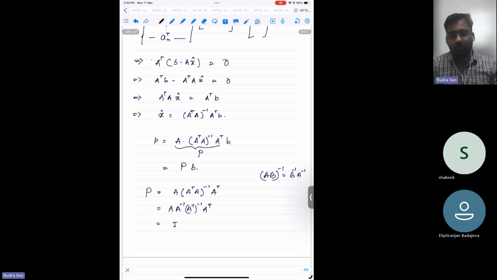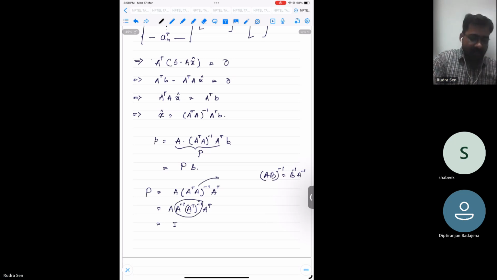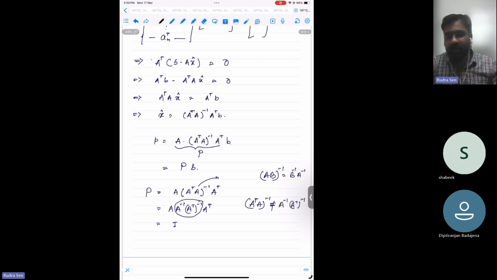No, it is not true, because we can't do this kind of thing. Here, for (A transpose A) inverse, we cannot write something like A inverse A transpose inverse.